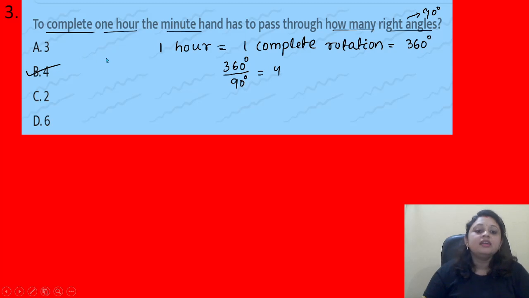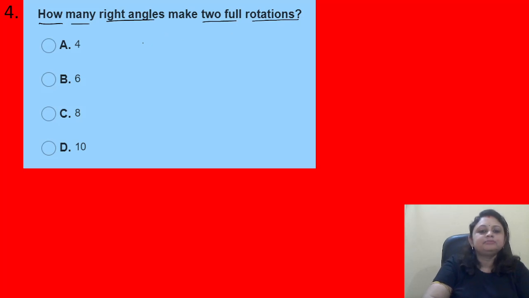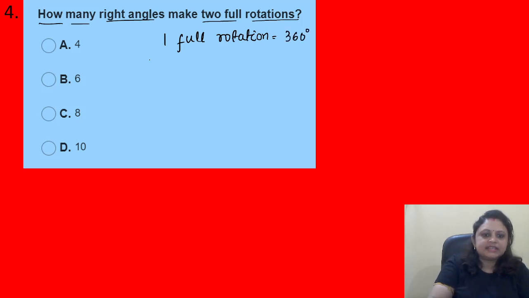Got it everyone? Coming to the next question. How many right angles make two full rotations? Option A 4, B 6, C 8, D 10. Right angle, you know, is 90 degree. One full rotation is equal to 360 degree.